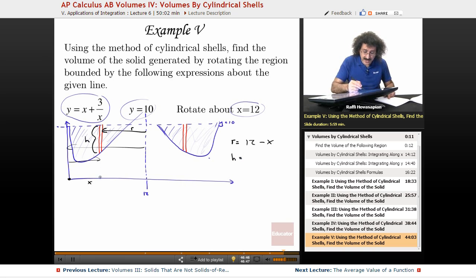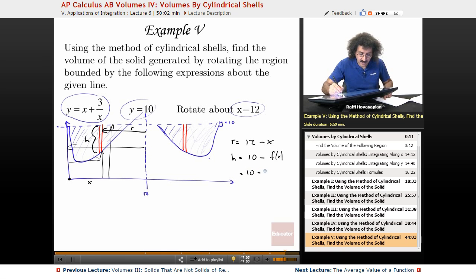Height, well, the height is 10 minus f of x. It's this height minus that height. So it's 10 minus f of x, which equals 10 minus x minus 3 over x.